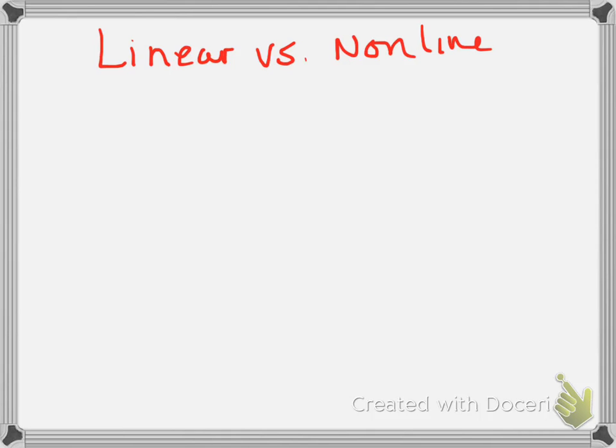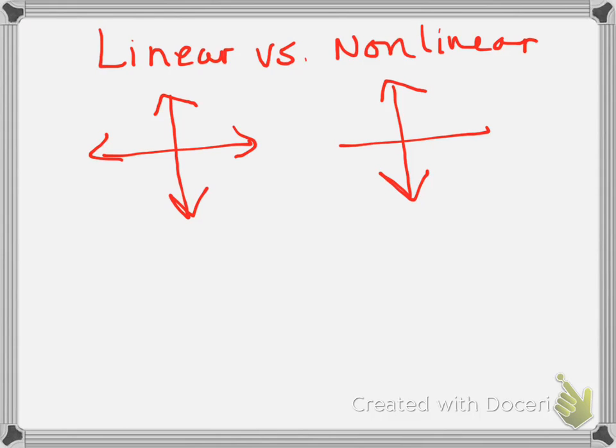Okay, the last thing I want to address is linear versus nonlinear. And on graphs, it's pretty cut and dry. Let's do one of each. I'm going to change my color to blue. So something that would be linear, of course, is just a straight line.